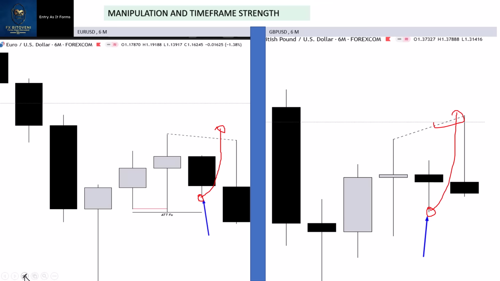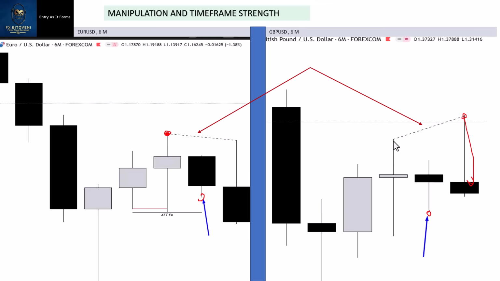So after that, look what happened there. Try to see what happened there. You see that? After this, Euro USD failed to grab this draw on liquidity, failed to grab the high, right? While GBP USD succeeded to grab the high, but rejected, manipulating to the downside.